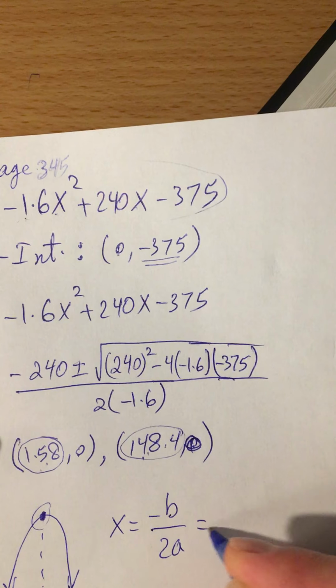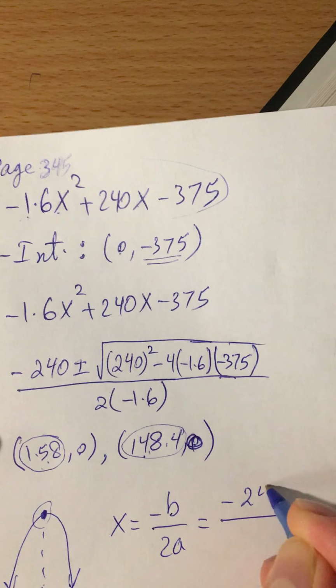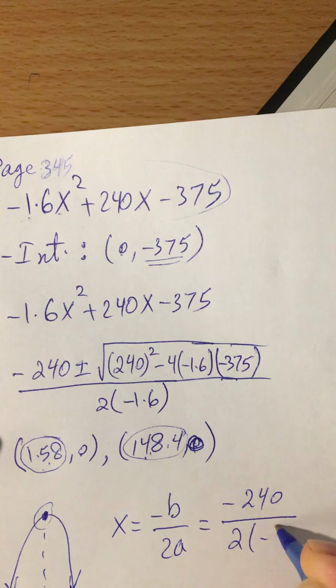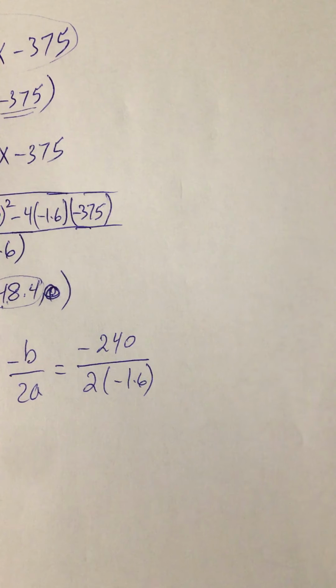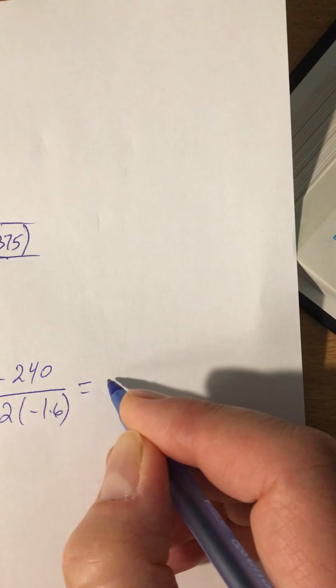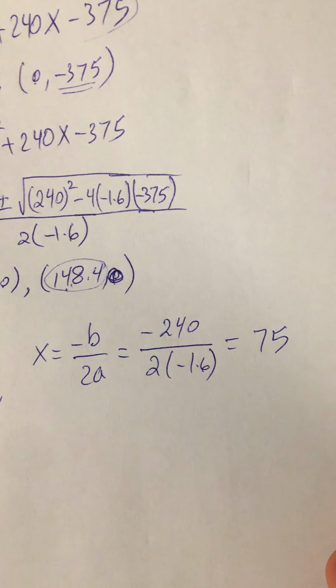Okay, so what's my B? 240 becomes negative 240 over 2 times negative 1.6. So if you get out your calculators here, times negative 1.6, and take the reciprocal times 240, you have 75. So X equals 75, and you have to get a positive answer because you're calculating the number of grandfather clocks.